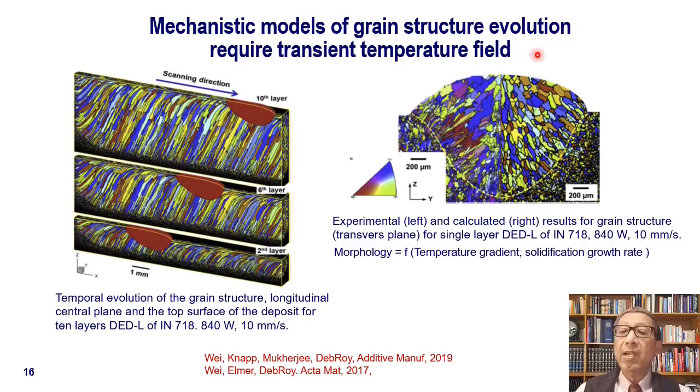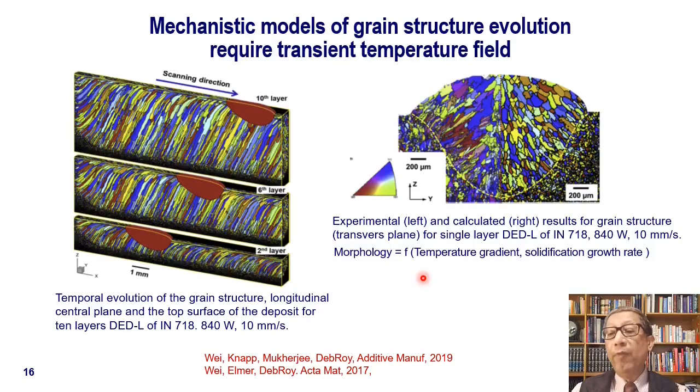Here we are comparing the numerically simulated grain structure in a directed energy deposition single layer build of Inconel 718 with experimental results on the left here. And both the orientation of the grains and the size of the grains are in reasonable agreement.